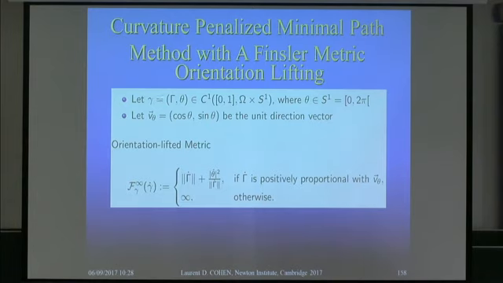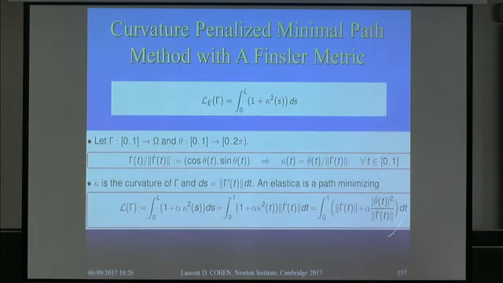So this is a general curve, defined in the 2D plus orientation space, called orientation lifting. And then if you define v theta as the vector of orientation theta, then the definition of the Finsler metric is exactly what appears in this integral.